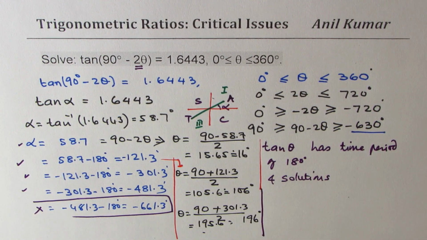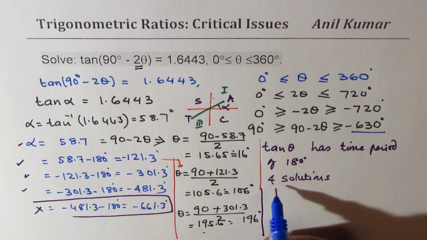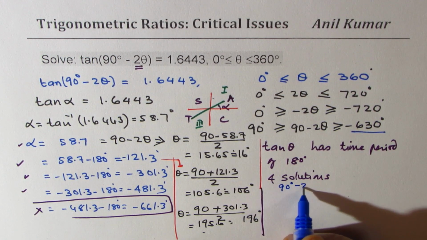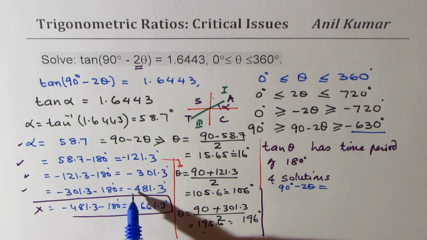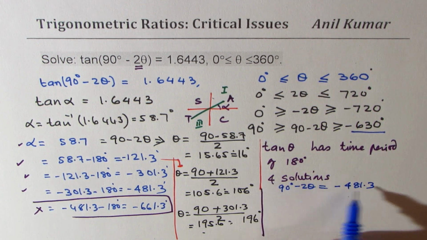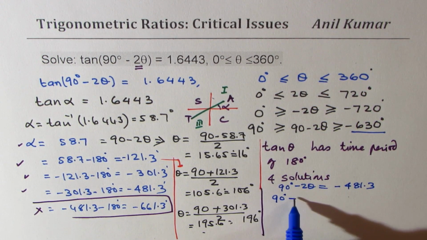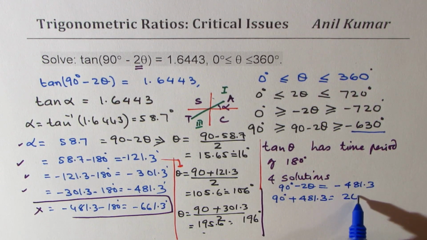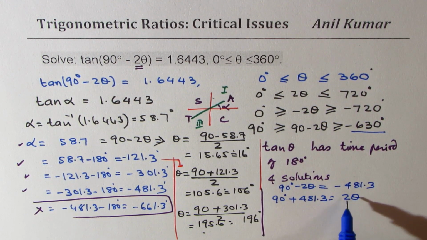Let me show you the calculations in detail for the last one. I'll redo it. So 90 degrees minus 2 theta equals minus 481.3. Let's rearrange. So we get 90 degrees plus 481.3 equals 2 theta. Is it okay? Now what is theta equal to?